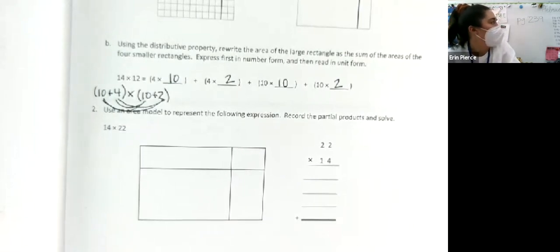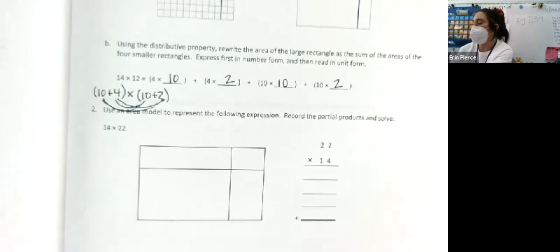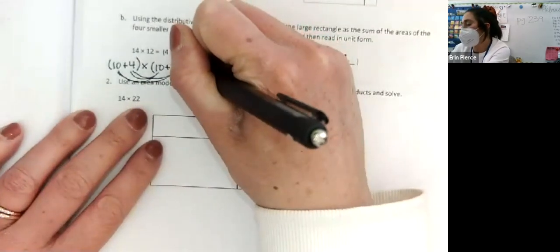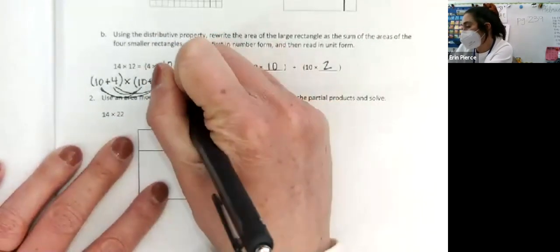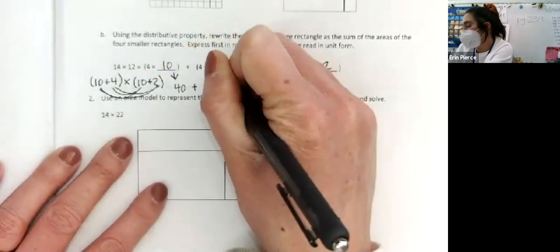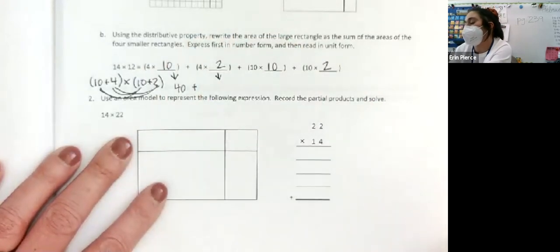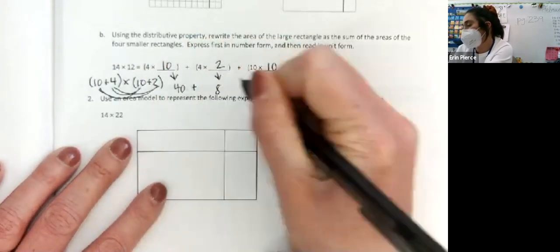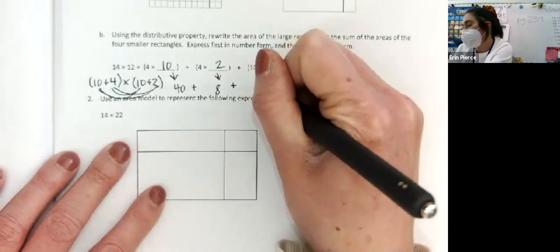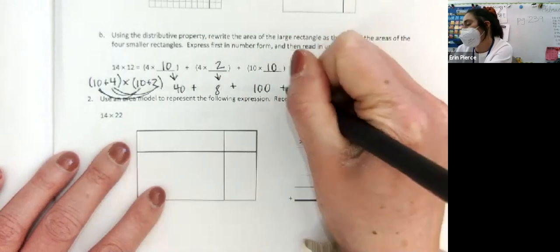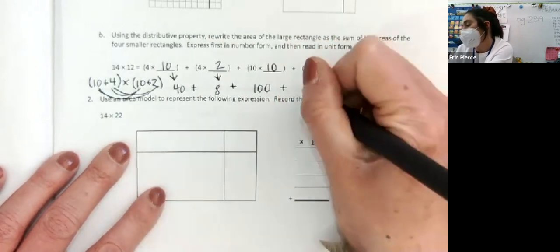Now let's try to figure out what each one equals. So 4 times 10 equals 40. 40 plus, what's 4 times 2? 8 plus 10 times 10, 100 plus 10 times 2, 20.